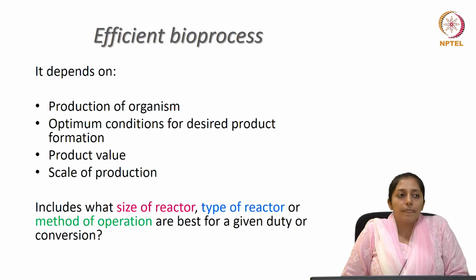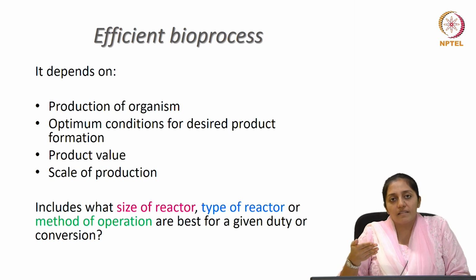So to say what is an efficient bioprocess, it depends on the following things. 1. On the production of the organism inside the reactor, how well the organism is getting mass multiplied, which means maximizing the biomass which is achieved.